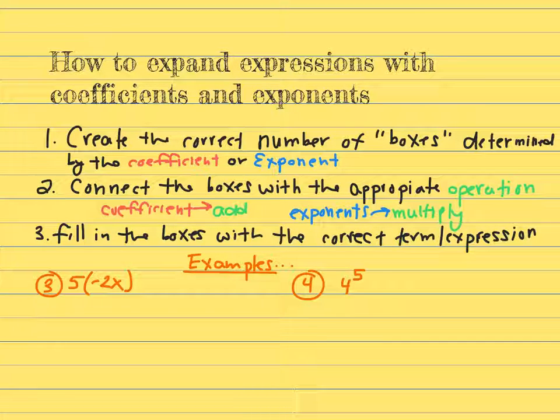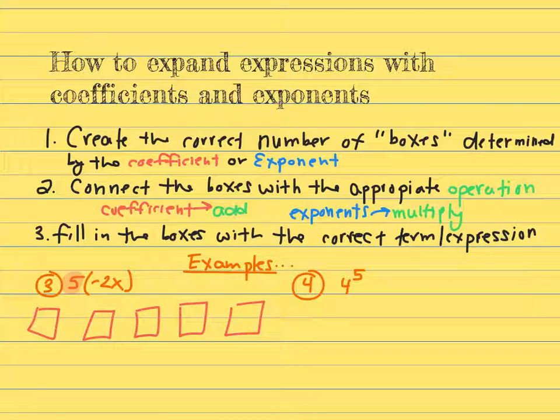Just 2 more quick examples. If we start with example number 3, what we notice is that the coefficient is the number 5. So we are going to create 5 boxes in this case. So 1, 2, 3, 4, and 5.